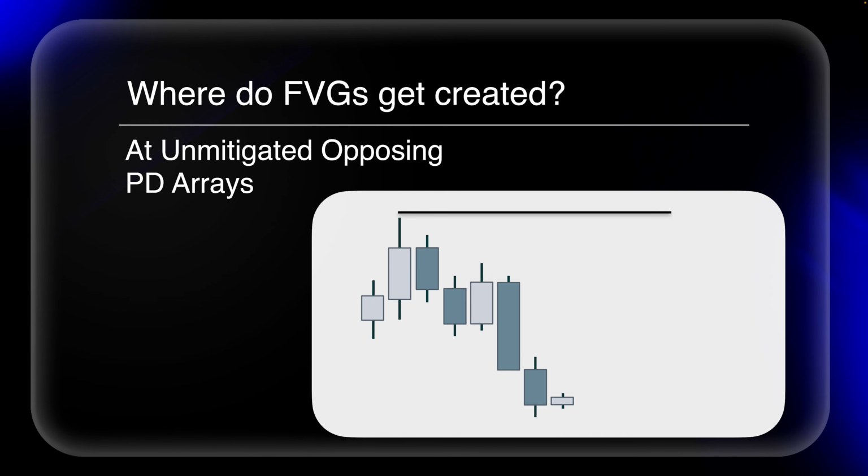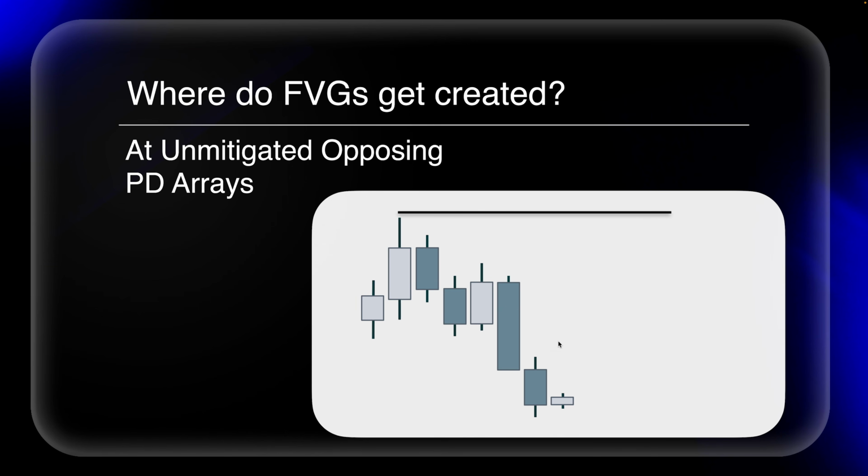Then we move on to opposing PD arrays. What are opposing PD arrays? Well, if we continue higher and we are bullish, discount arrays are going to be holding. We have discount arrays as order flow legs. So if the trend is bullish and discount arrays are holding, that means premium arrays are the opposing PD arrays.